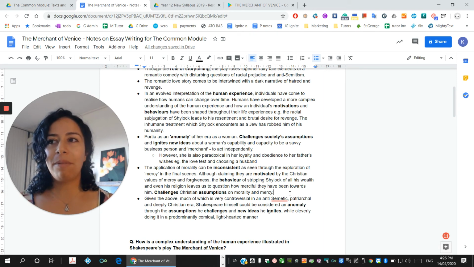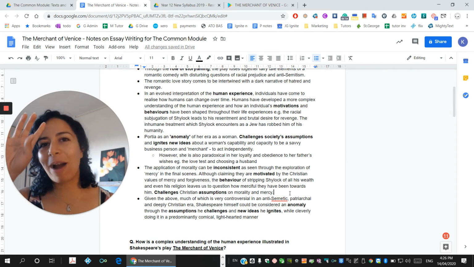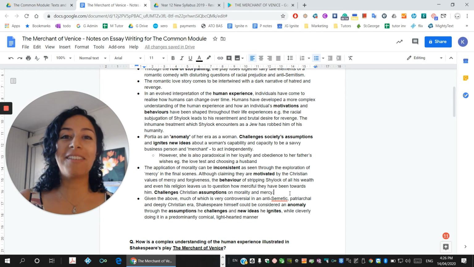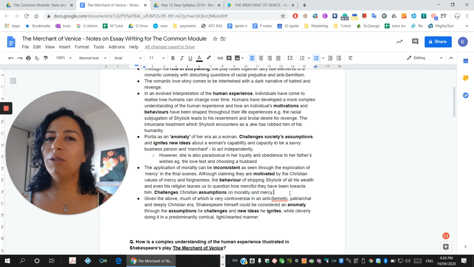They are obviously upset at him, but feel he's bound by the law, and then Portia finds her way out of it, with her savvy. But then there are real questions about whether the mercy that they were trying to preach to Shylock was actually shown by the Christians at the end. Anyway, we'll come back to that.